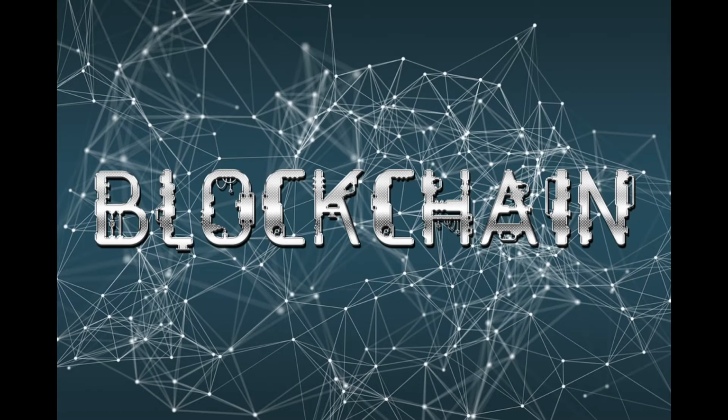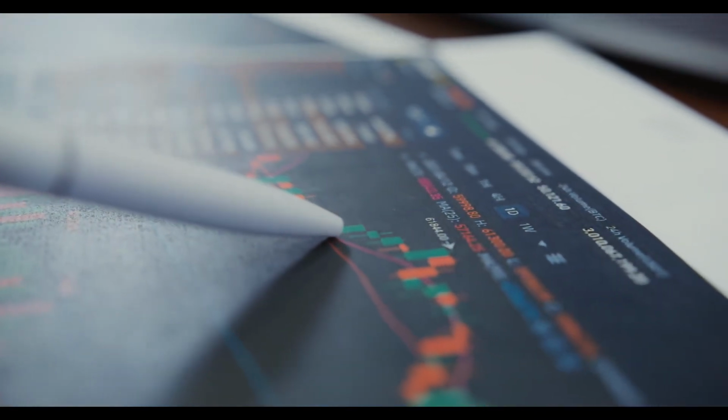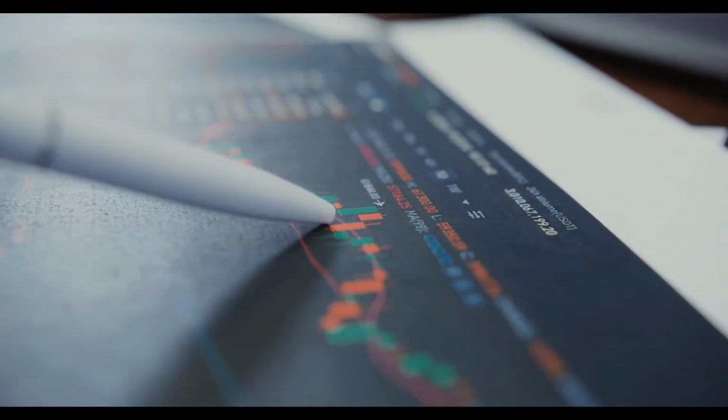A database usually structures its data into tables, whereas a blockchain, like its name implies, structures its data into chunks, or blocks, that are stored together.